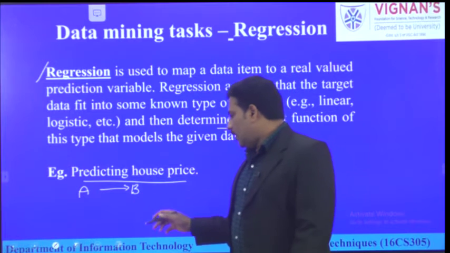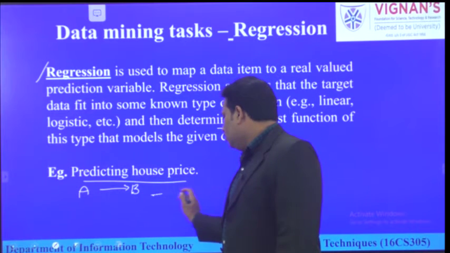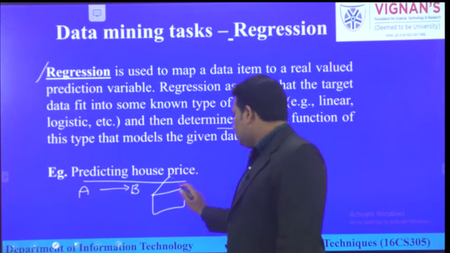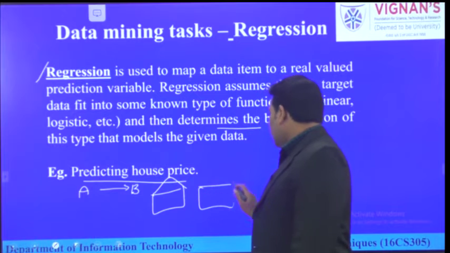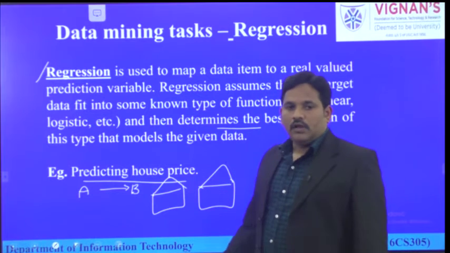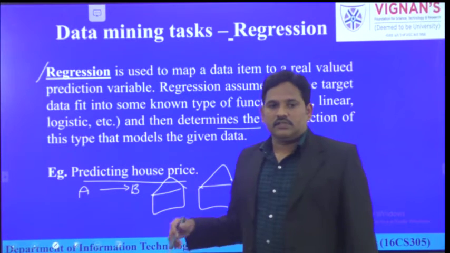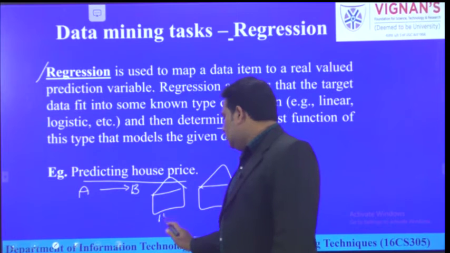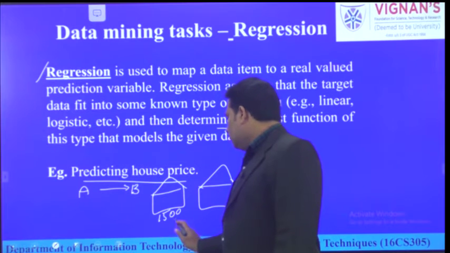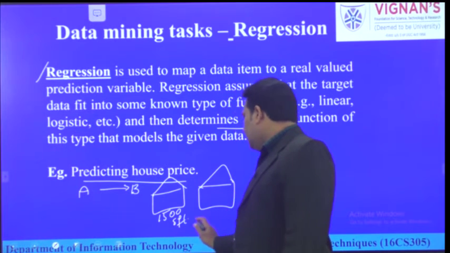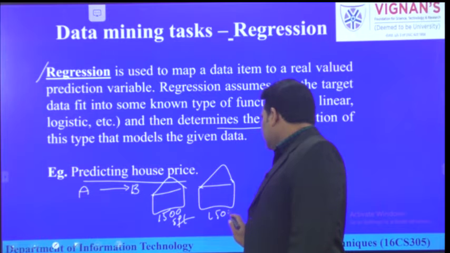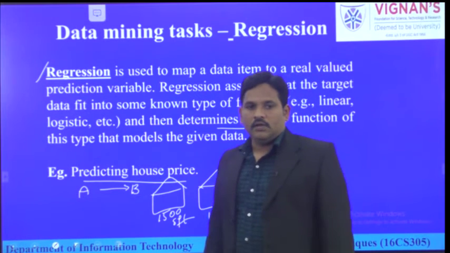Now he displayed or he gave information related to two houses. Let us take both houses are having the same size, like this house is of 1500 SFT and it is also 1500 SFT. That means the size of the construction is the same.